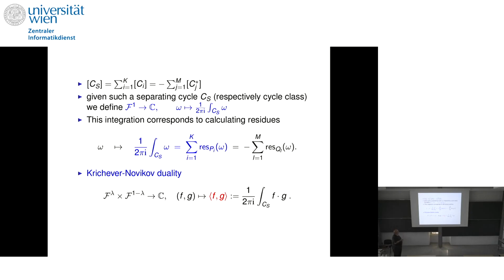Good. And the Krichever-Novikov duality, which plays an important role, but I don't think I will have time to comment on it anymore. So this gives a duality between F lambda and F 1 minus lambda, by just taking this product, which gives a one-form, integrated over CS, where the integration over CS can be done by calculating residues.